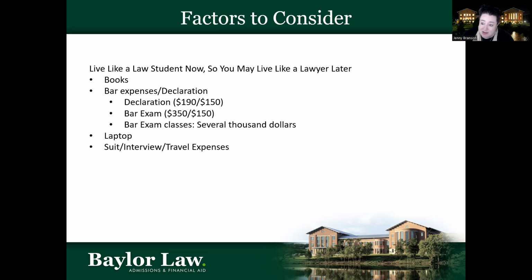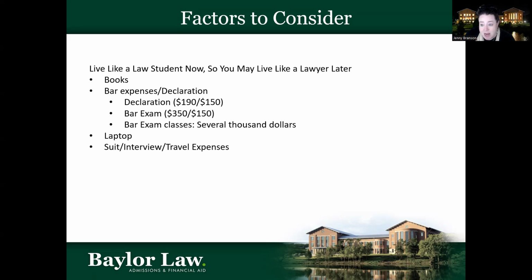Another few expenses to think about are expenses related to the bar exam. So here in Texas, if you're going to be licensed to become an attorney, you actually start that process as a 1L. Y'all will hear about this from the Board of Law Examiners next week. So you have to do something called a declaration of intent to practice law.